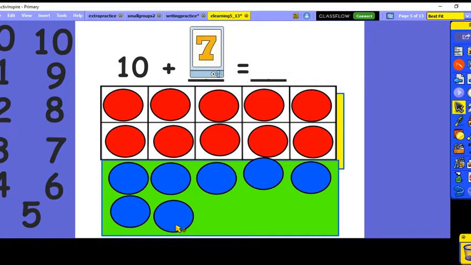How many do we have? 10 plus 7 is 17. Here's our 1 for our 10 right there. This 1 is for all the 10s because it's in the 10 place. All the 10 red ones. We have 7 ones. 10 and 7 more is 17. 10 plus 7 equals 17.